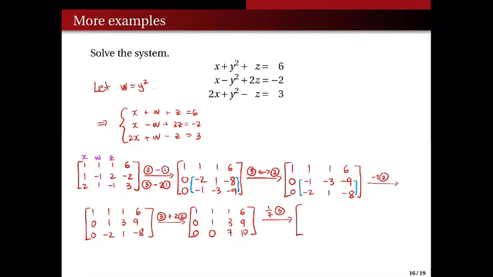So we are dividing row 3 by 7. We're not going to touch rows 1 and 2 for now. We'll just copy them. 1, 1, 1, 6, 0, 1, 3, 9. Then here we have 0, 0, 1, and then 10 over 7.